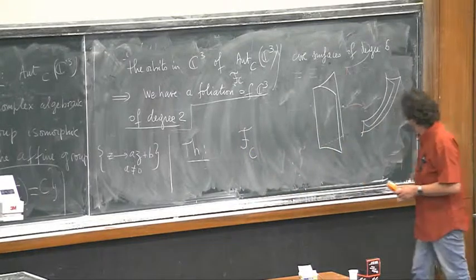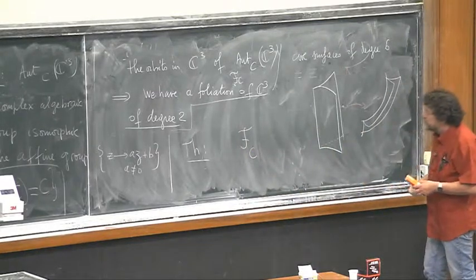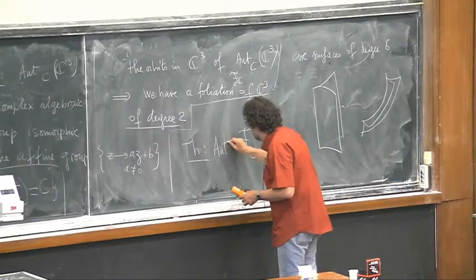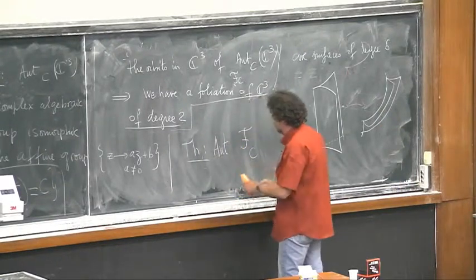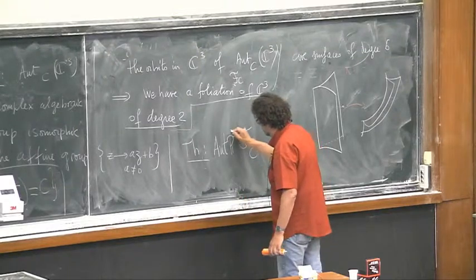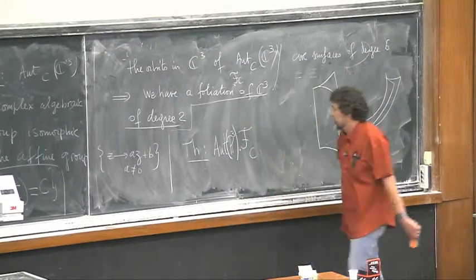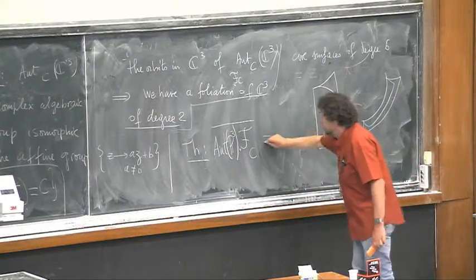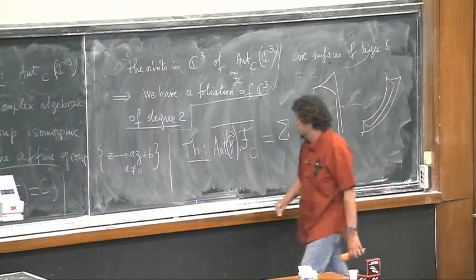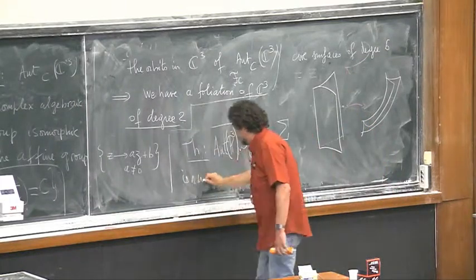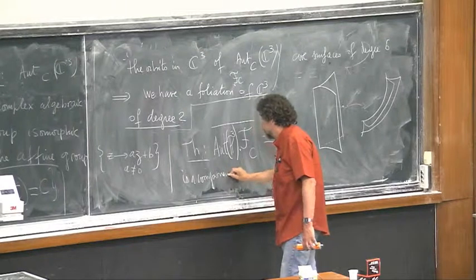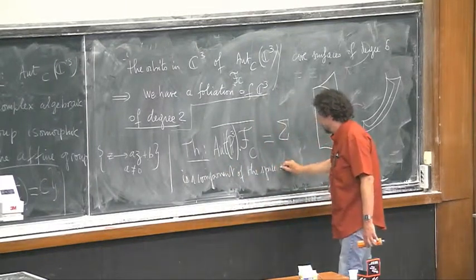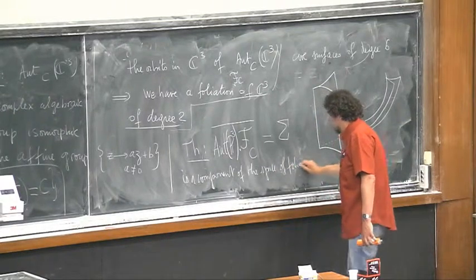Theorem: I take this type of foliation and I consider the group of automorphisms of all P3. This group acts on the foliation, and I take the closure. This is sigma, and this is a component of the space of foliations of degree 2 in P3.